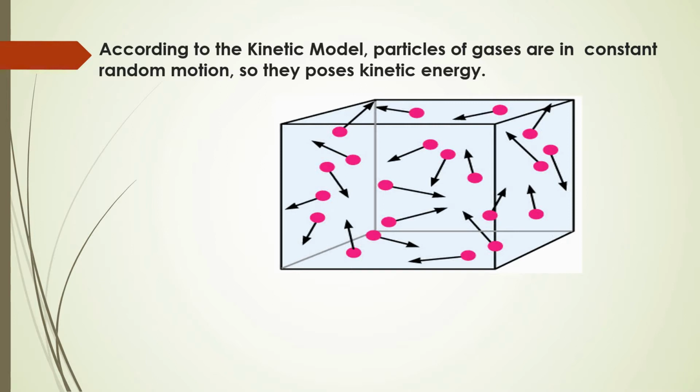I'm calling them particles because gases can exist in atomic form also, and in molecule form also. Noble gases like helium and argon exist in atomic form. So we cannot always say that gases are in molecular state.